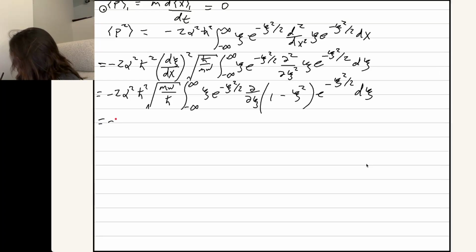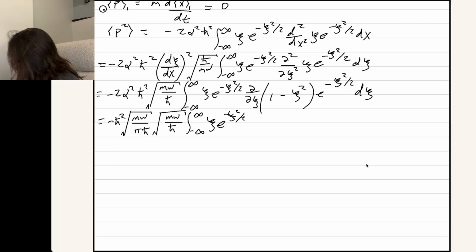Going ahead and expanding the definition of alpha, mω over πħ. That'll definitely help things out front, I think. And now this stuff in here is just getting chaotic really quickly.